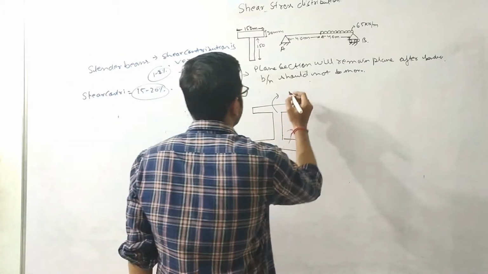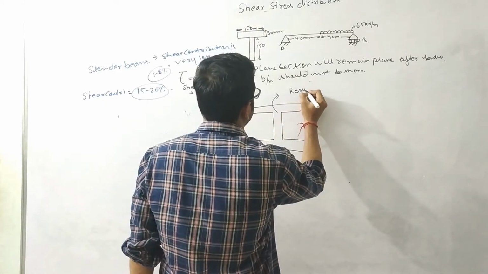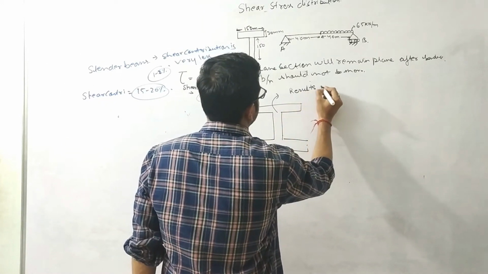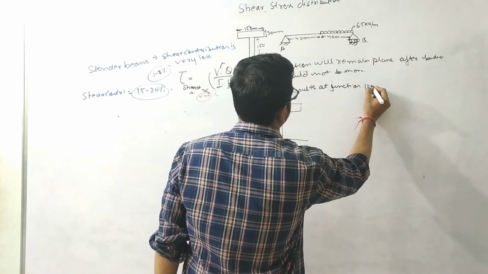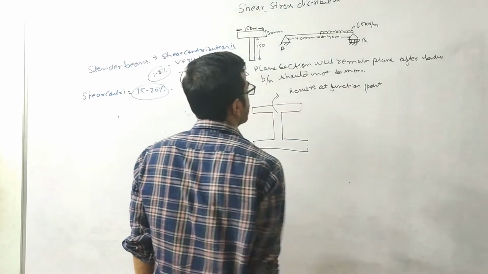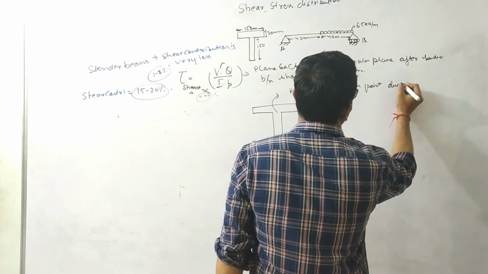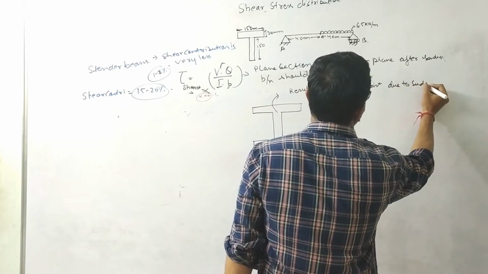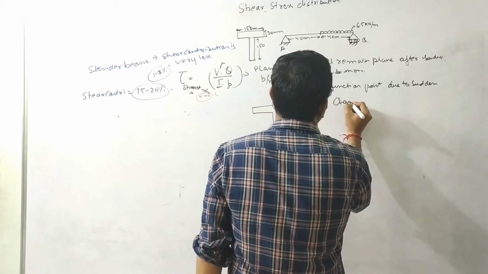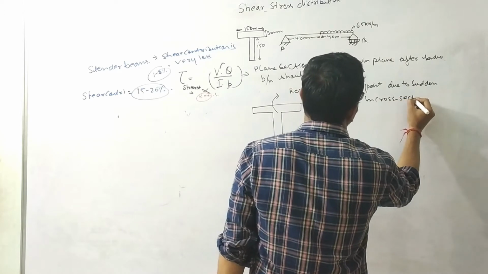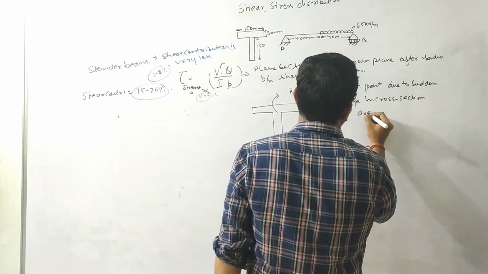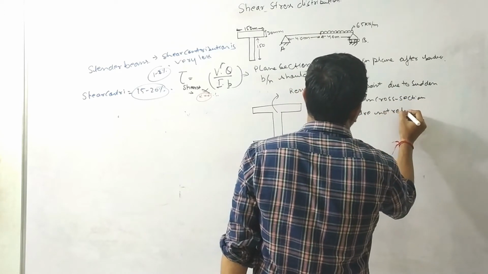By using this formula, the results at the junction point, due to the sudden change in cross section, are not reliable.